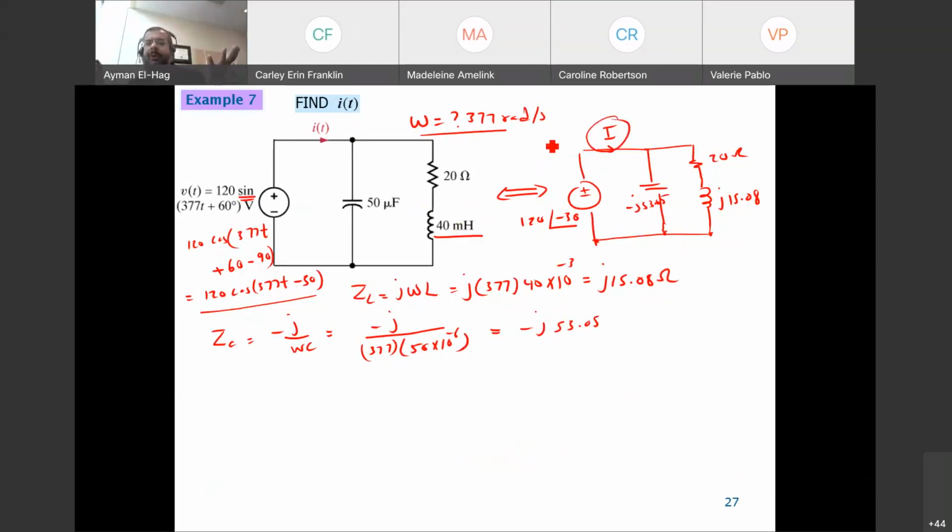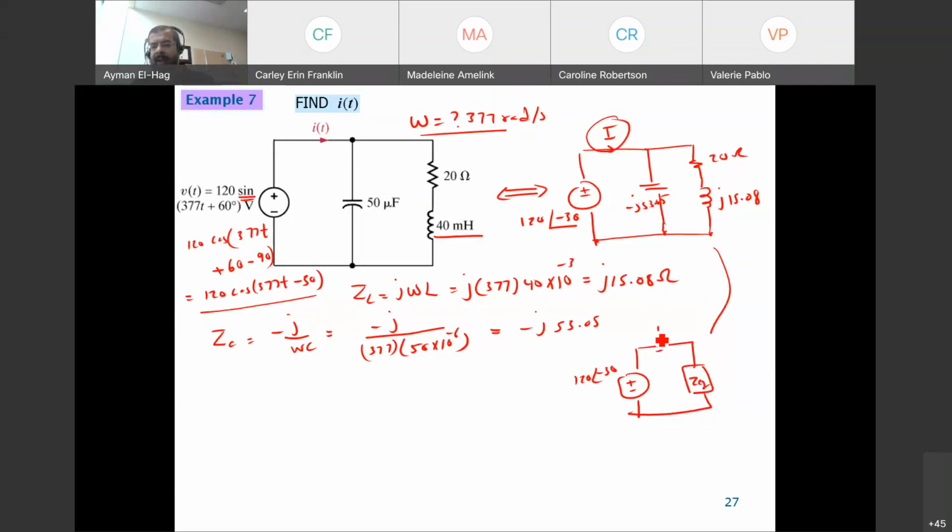Now I want to find I. It is up to you what you want to find and how you want to find it. You can use any technique. You can use nodal or anything. The one that I did, I found Z equivalent, and then I, using Ohm's law, is equal to the voltage divided by Z equivalent. So I'm converting this into simply the supply, which is 120 angle of minus 30, and Z equivalent, which is this and this in series, in parallel with this.